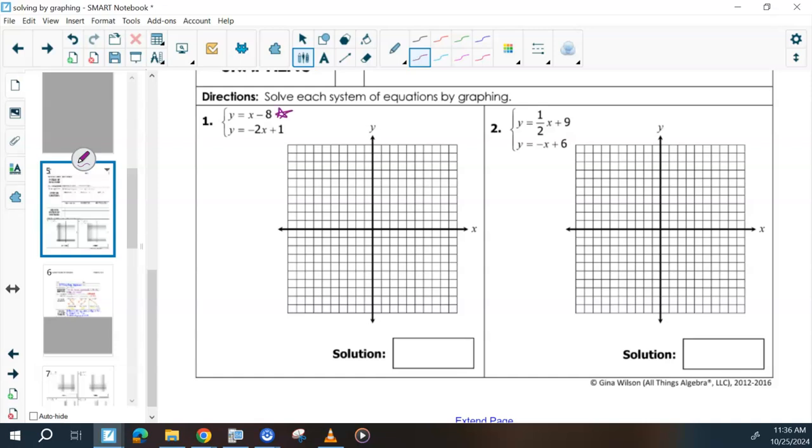And then I'm going to graph one of them, starting at the y-intercept, so -8. The slope of that one is 1, so that's a positive 1 over 1. So every time I go up 1 over 1, I'm going to plot another point, and I'm going to fill up my graph with those points.